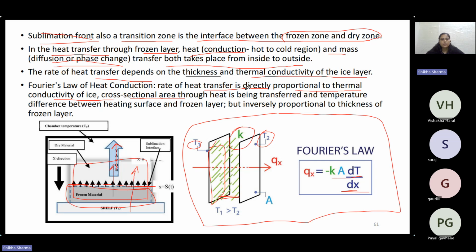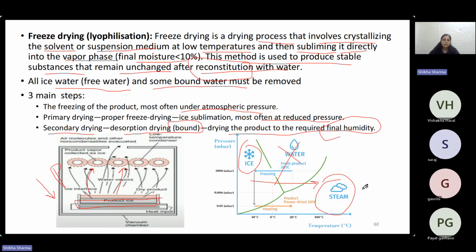So the rate of heat transfer is directly proportional to the thermal conductivity of ice, the cross-sectional area through which heat is transferred, and the temperature difference between the heating surface and the frozen layer, but inversely proportional to the thickness of the frozen layer, which is dx.